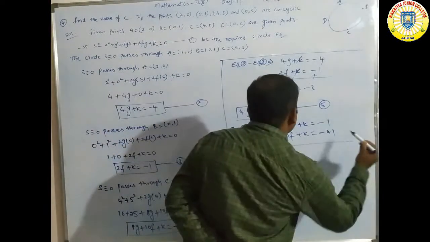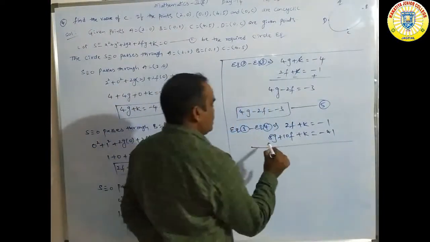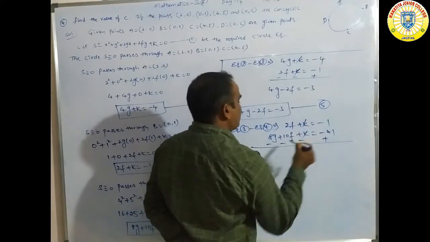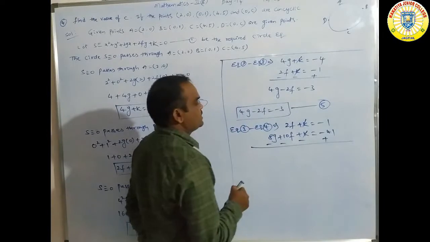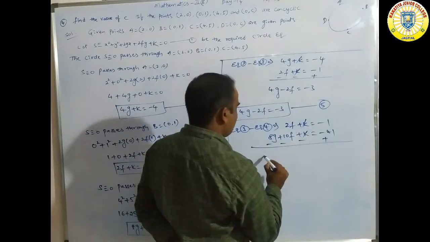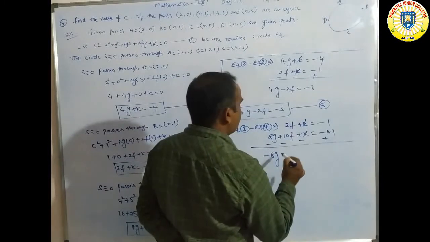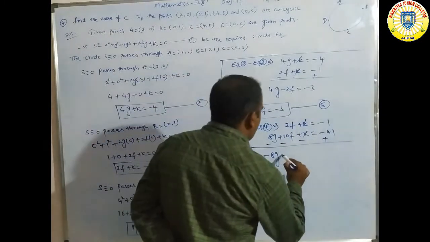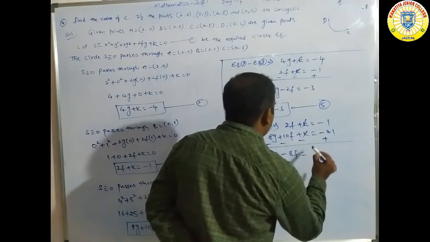Now we are subtracting: minus plus. Plus k minus k cancel. What is the remaining value? Minus 8g, plus 2f minus 10f, that is minus 8f.